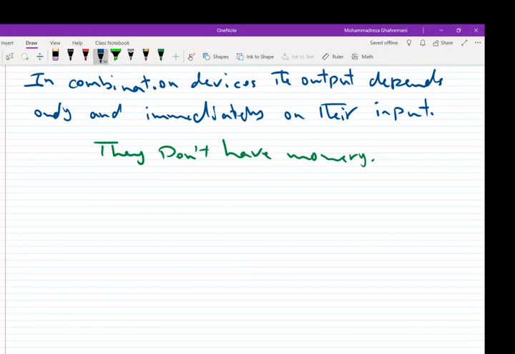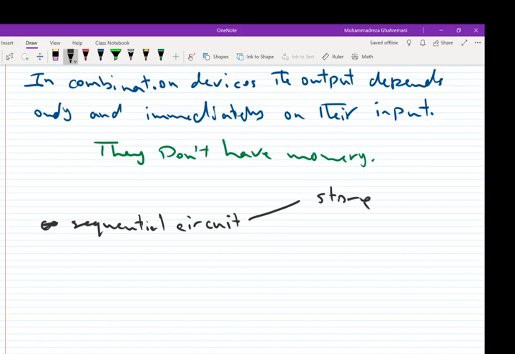So if we have a combinational circuit, a sequential circuit, we know that this circuit is capable of storing, retrieving, and retaining this information.